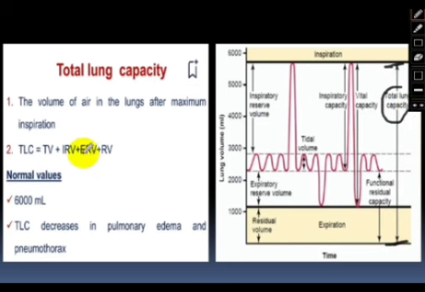So, what is the value for tidal volume? 500 plus what? 3,000.